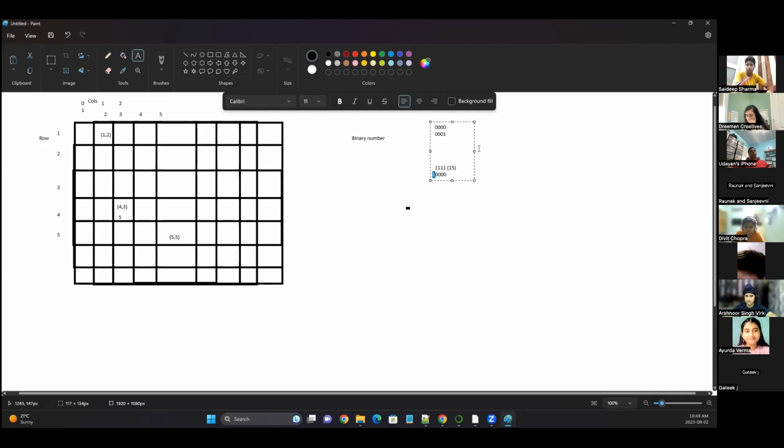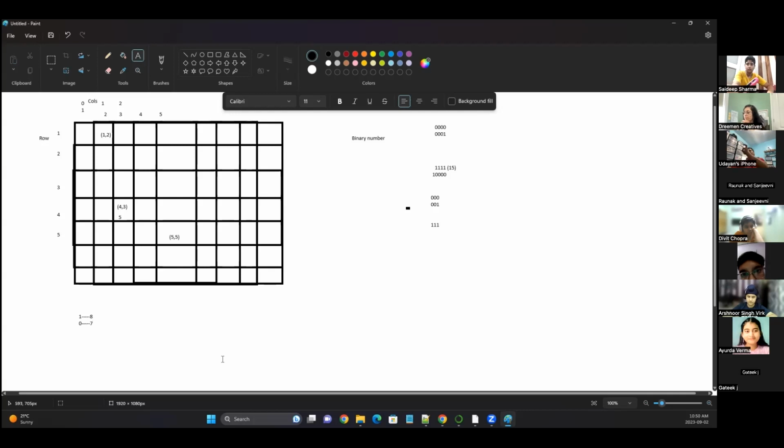Now look at this one. Suppose I have to store 8. It will be 0, 0, 0, 0, 0, 1, and 7 is 1, 1, 1: 4 plus 2 plus 1. So now, if I start numbering like this, I actually save. Suppose there are 8 cells. Instead of 1 to 8, I will store 0 to 7.